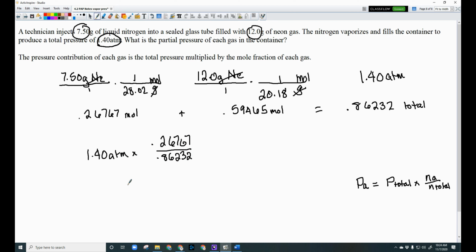Okay, and I'm going to draw a line here. So we're going to do the same thing here, 1.40 times the mole fraction. Well, this is 0.59465 over the total 0.86232. Okay.